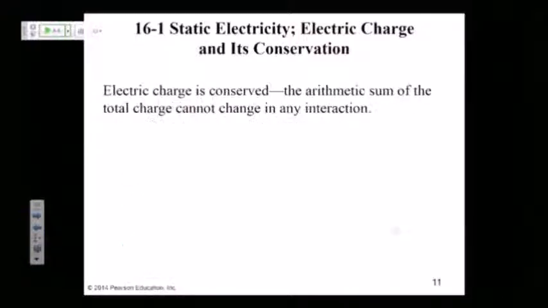For now, we need just to understand that charges come in two flavors, positive and negative. We need to understand that charges are conserved, just like mass. What does that mean? It means you cannot create charge from nothing. You cannot consume charge to nothing. Whatever amount of charge you started with, you will always continue with that amount. So charge is conserved.